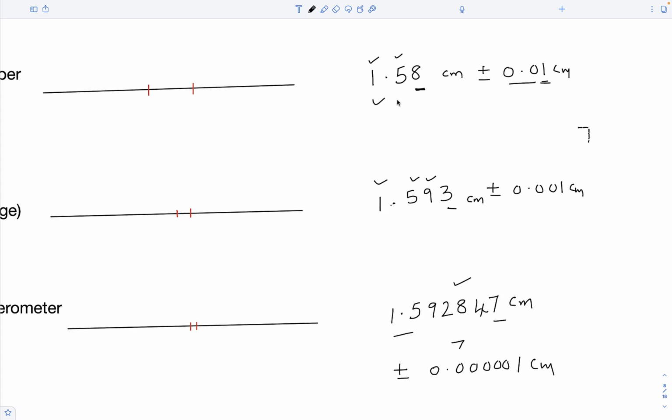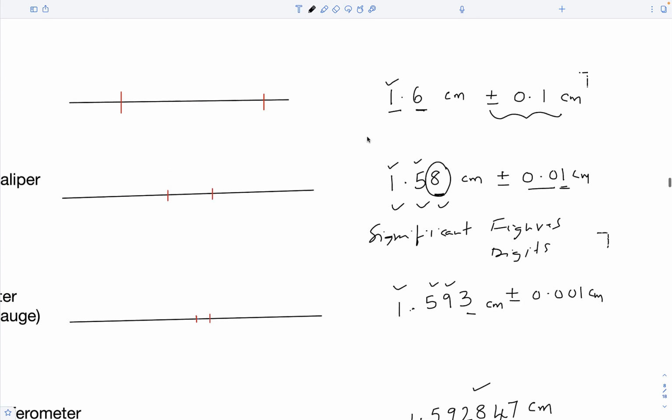And all these digits in the measurement, including the estimated or the doubtful digit, are known as significant figures or significant digits.